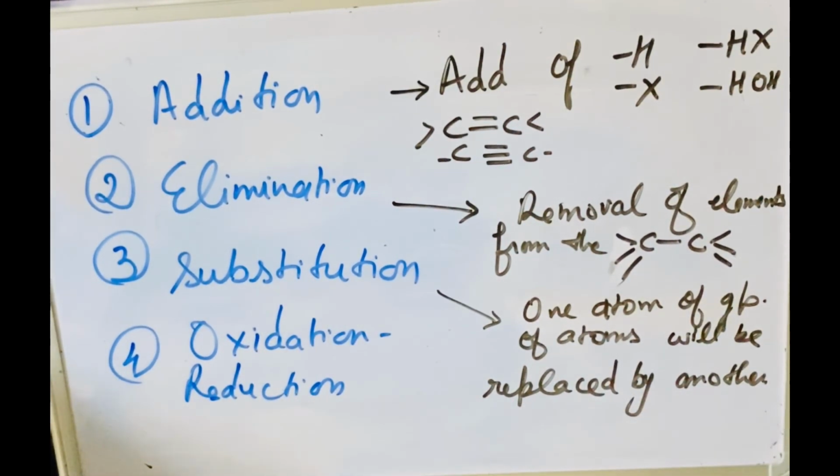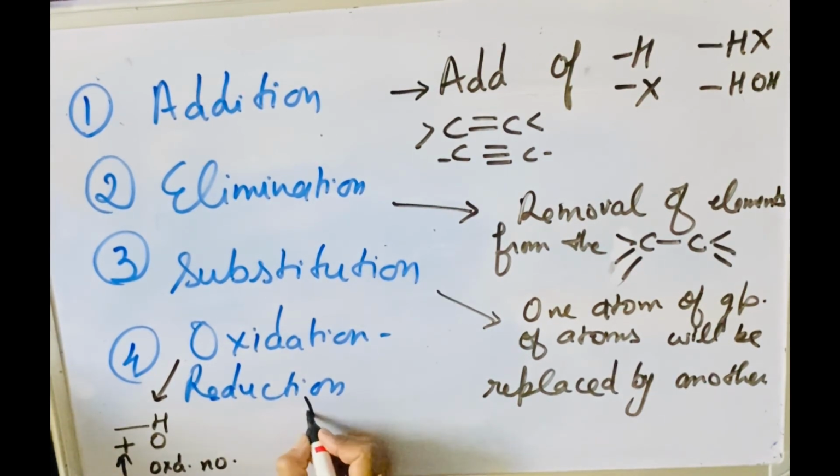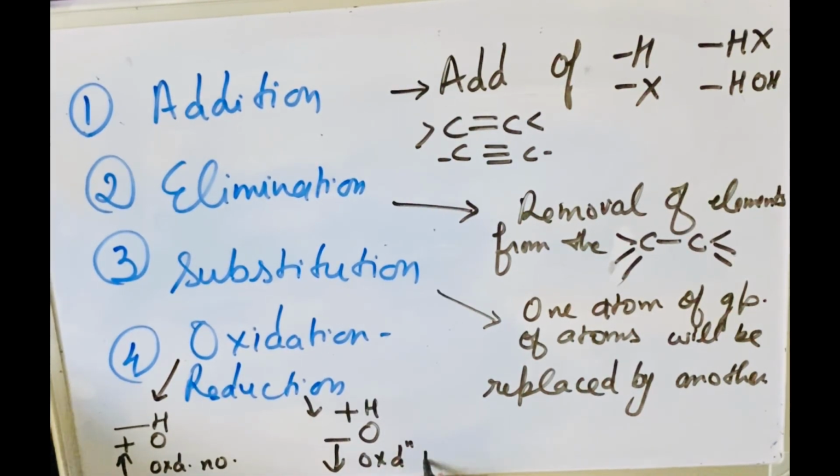In the case of oxidation reduction reaction, if it is oxidation, there is removal of hydrogen or addition of oxygen or increase in oxidation number. The opposite is going to happen in the case of reduction: either addition of hydrogen, removal of oxygen, or decrease in oxidation number.